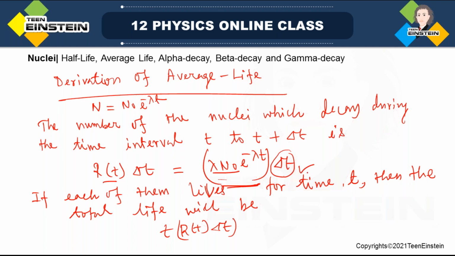So if you want to get the total time at which the whole nuclei will decay, it is this one. That is t into R of t into delta t, which means t into N0 lambda e to the power minus lambda t delta t. So this is the total life of all these nuclei.